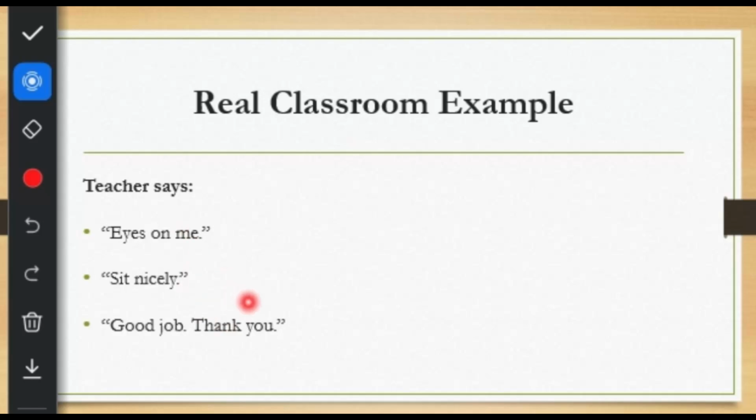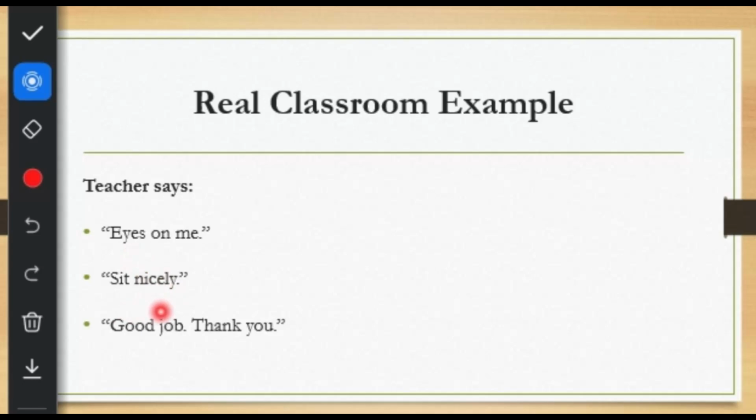These expressions are used to manage the classroom really well. As an example, students are noisy and not paying attention to their teacher. Especially for teaching younger children, teachers would say, eyes on me. And the teacher might clap, clap, clap, clap, and then eyes on me, 1, 2, 3. It's up to the teacher's taste. They can use different kinds of phrases and rhythm as well.